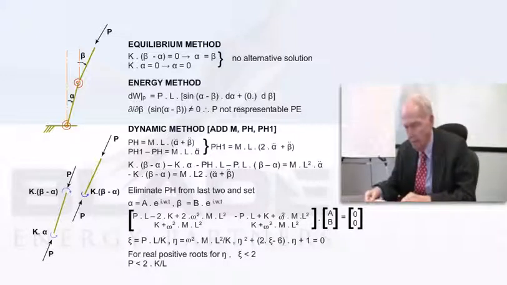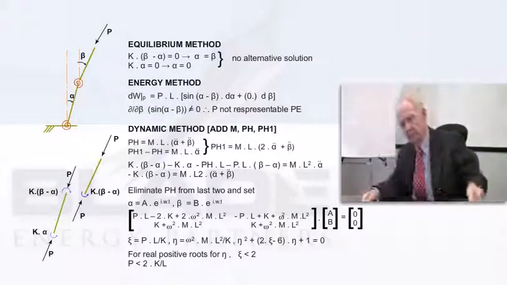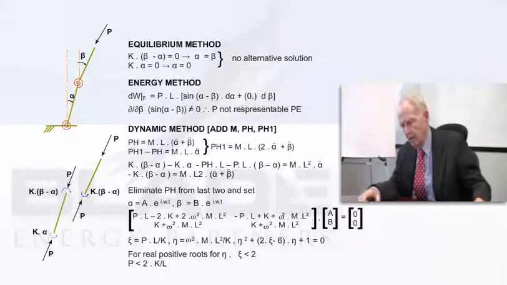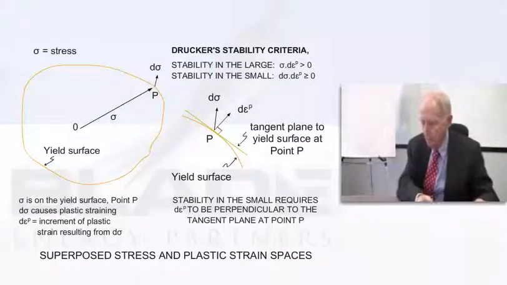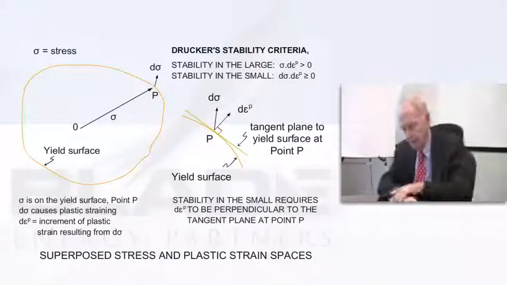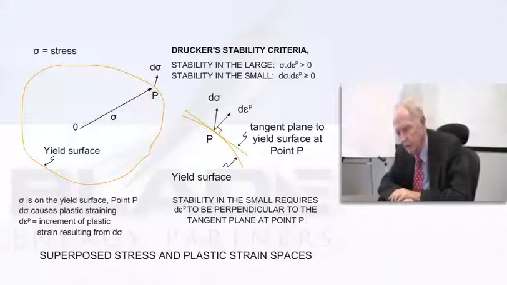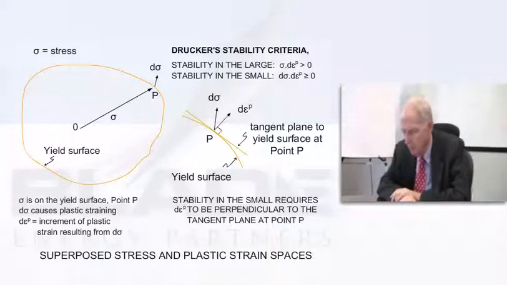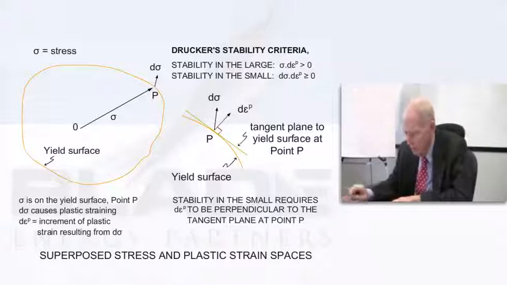Taking that understanding, we now return on the next slide to the Drucker postulate. It's the same slide you've seen before, but I just want to point out something different on this. This part where it says stability in the small, and we've got a d sigma times the d epsilon p.